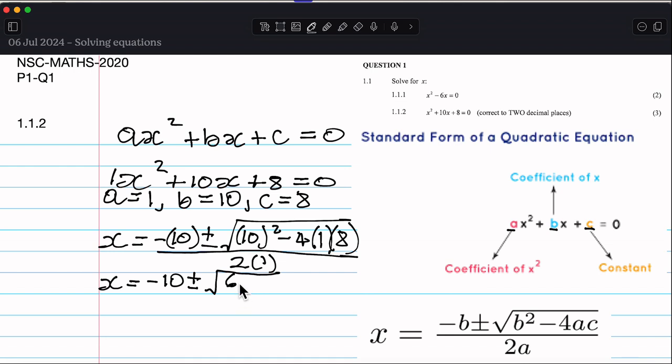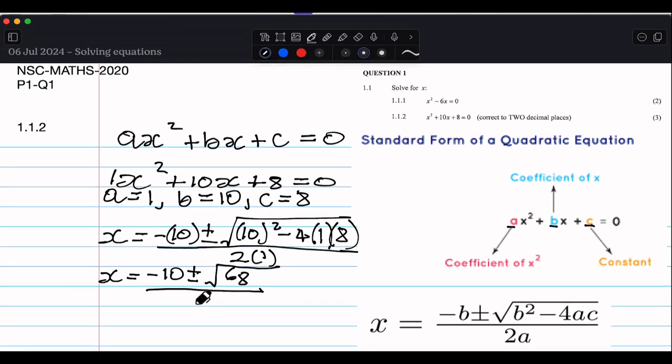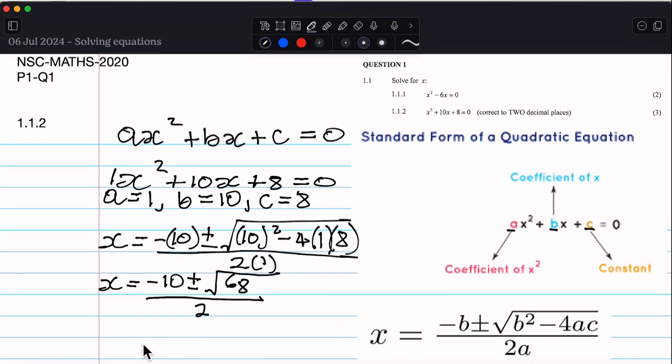Right, so the value we found for 10 squared minus 4 times 1 times 8 comes to 68. All of this is divided by 2 times 1, which gives us 2. Okay, so now we have minus 10 plus or minus the square root of 68 all divided by 2.